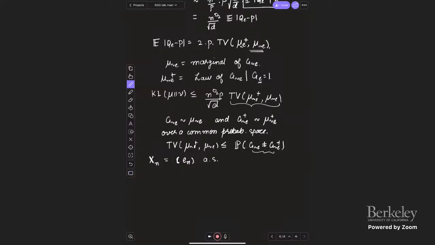Okay, we take x_n to be e_n and x_1 to x_{n-1} to be IID uniform over S^{d-1}. And we obtain G tilde E by thresholding the inner products between x_1 to x_n.